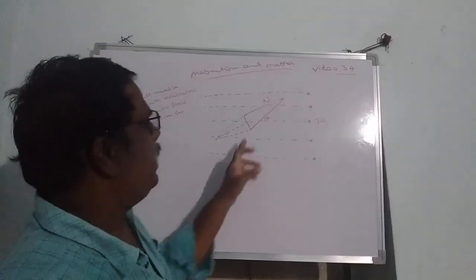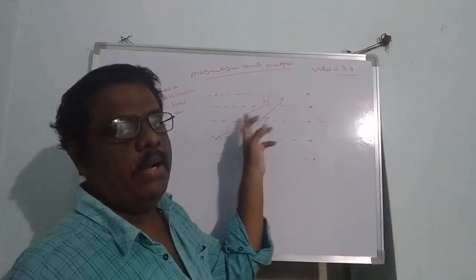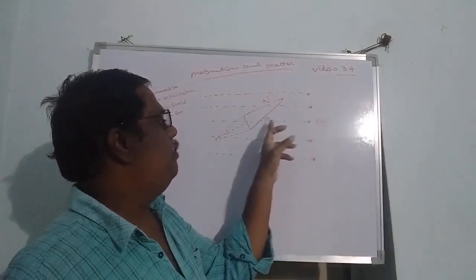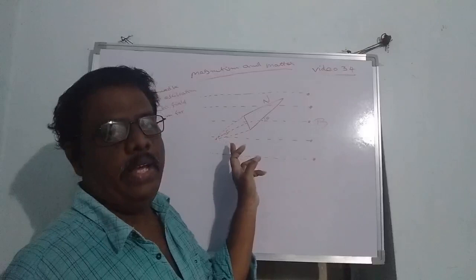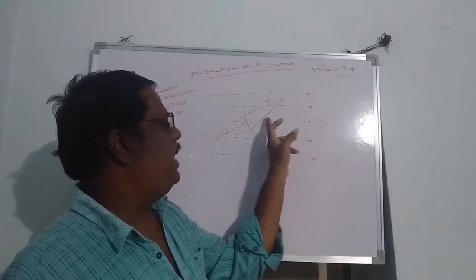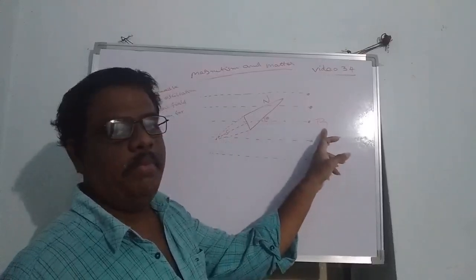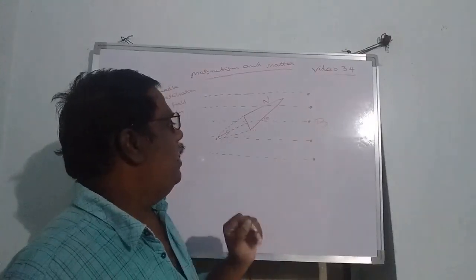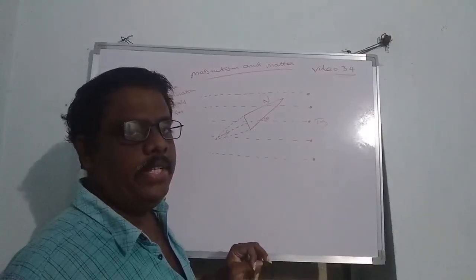Let us say a small magnetic needle tries to oscillate in an external magnetic field B. The magnetic moment should be denoted with capital M. The angle is theta with the external magnetic field induction B. Okay, how do you find the time period in this situation?